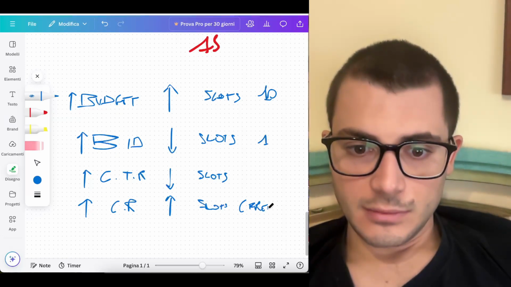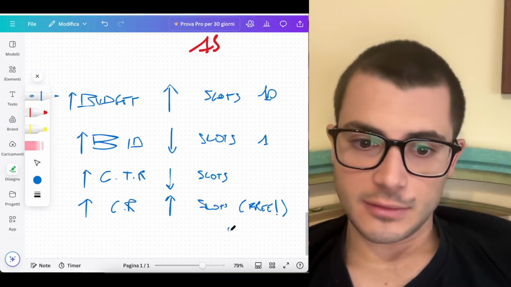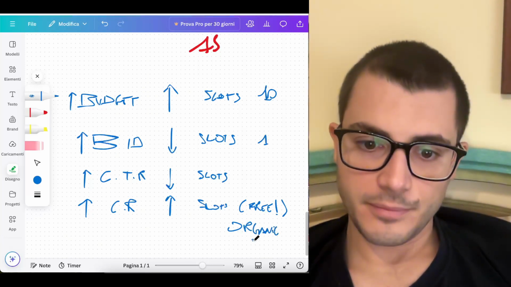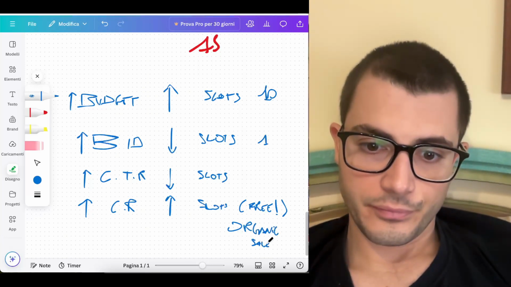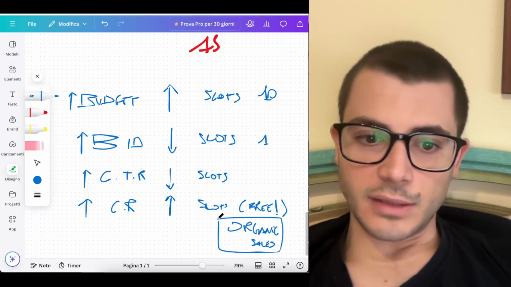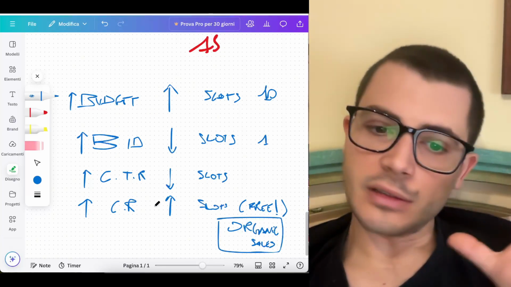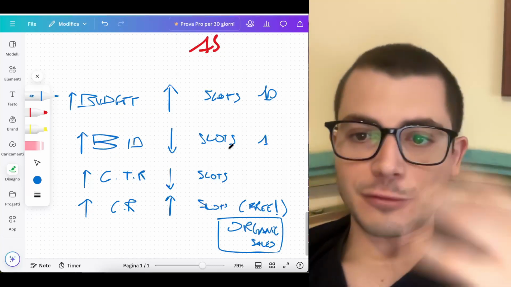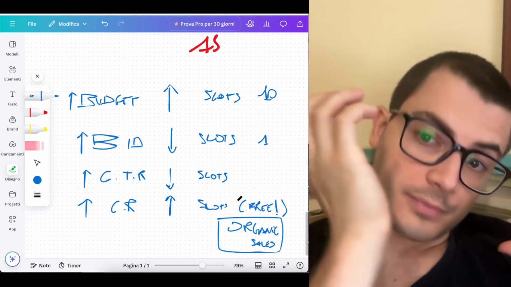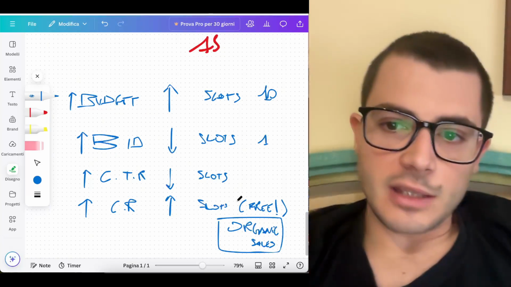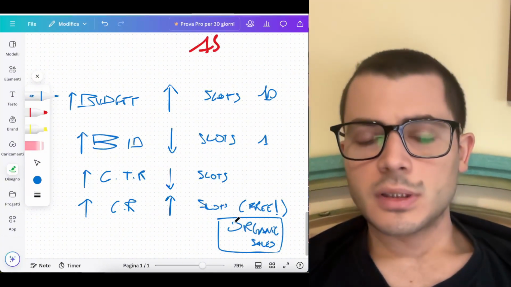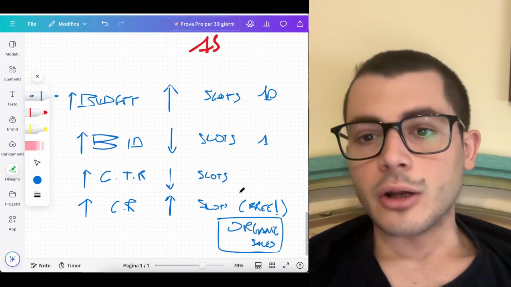And this is your organic sales. When you see the organic sales, it's because your conversion rate is high. You don't have enough slots for the advertising, but Amazon wants to sell your book because it has a great conversion rate. So Amazon shows your book even if your slots are gone.